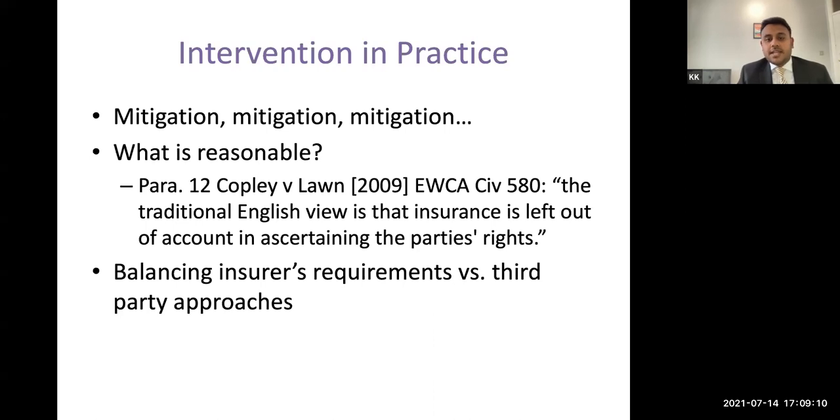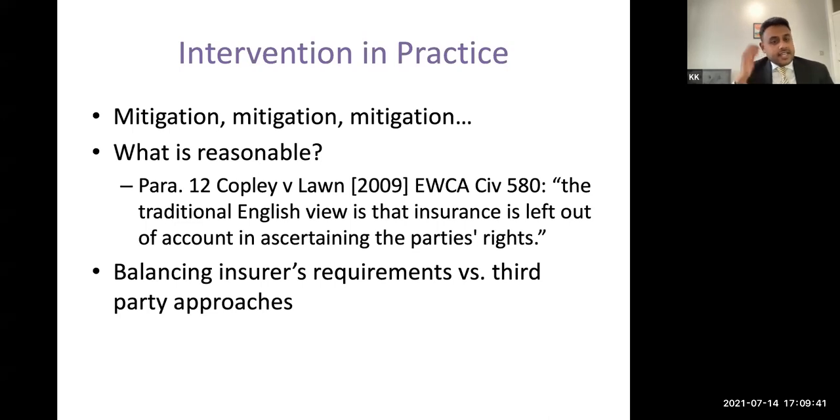So what that really means is that when assessing whether any actions or lack of them by the claimant were reasonable or not, one ought to look at the lay claimant when deciding that, rather than considering what their insurance position may well be. And ultimately, it is, of course, again, trite law that the claimant has to mitigate his or her losses as far as possible.